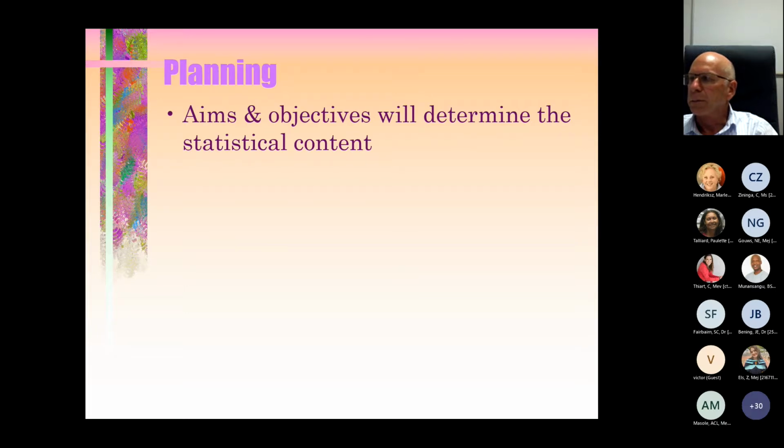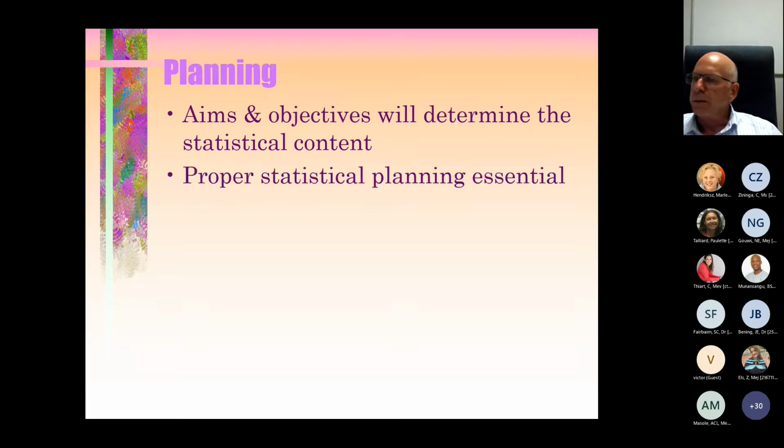All statistics that will be done will be driven and directed by your objectives and what kind of questions you are asking. And at this stage, if your project will include a statistical aspect, it's already very important to start doing proper statistical planning after you have sorted out your objectives.